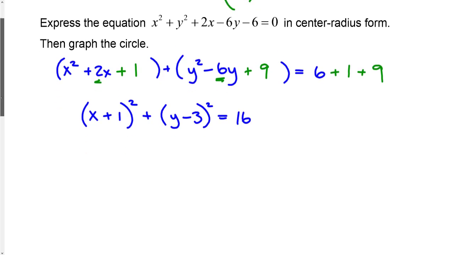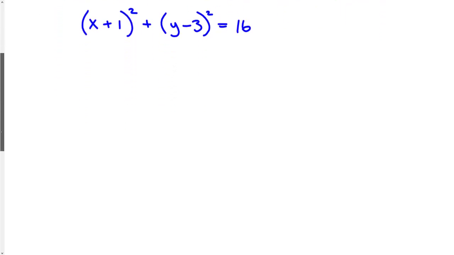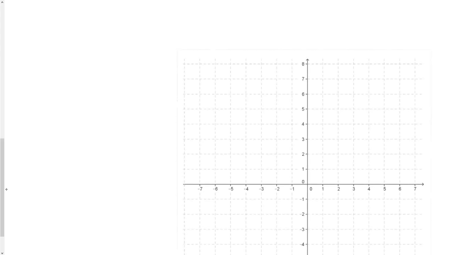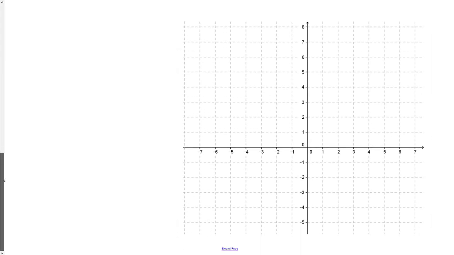So now I have it in center radius form, and I can use that for graphing. So let me get a graph here that I can work with. Okay.